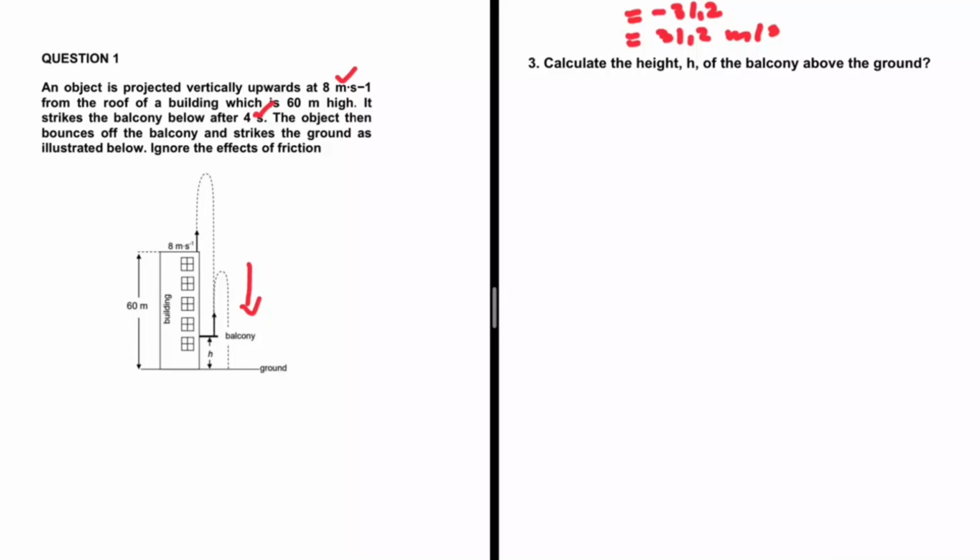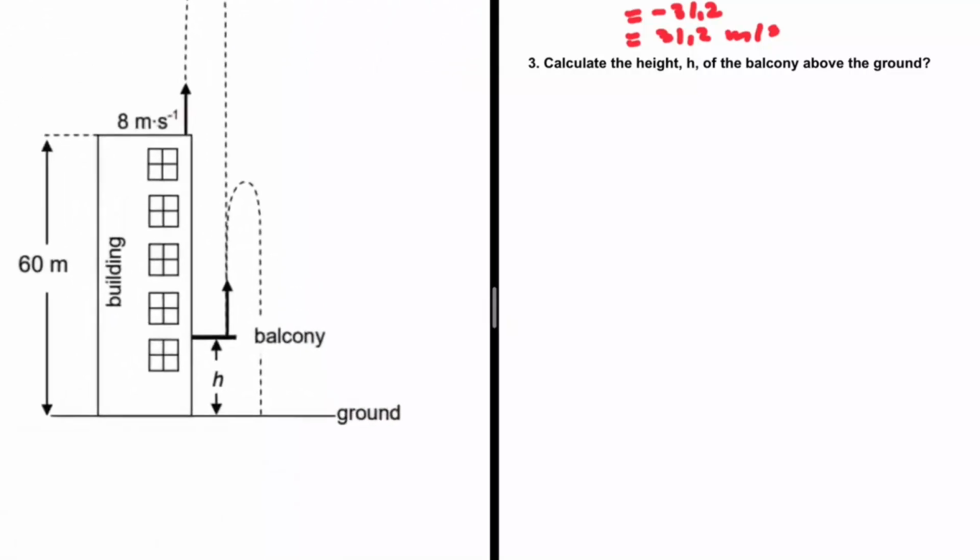So that is a tip right there. When the question talks about height, you are definitely going to calculate the displacement at some point. So we want the height of the balcony from the ground to the balcony. This is the height we are interested in.